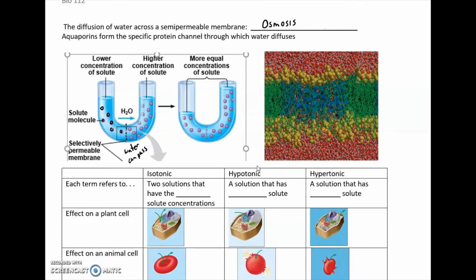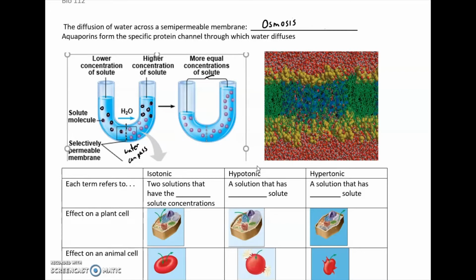So that gives us more water on the right side than on the left side, because some of the space on the left side of this U is taken up by having more of these little purple things. Water will move from the right side to the left side to give more equal concentrations of the solute.